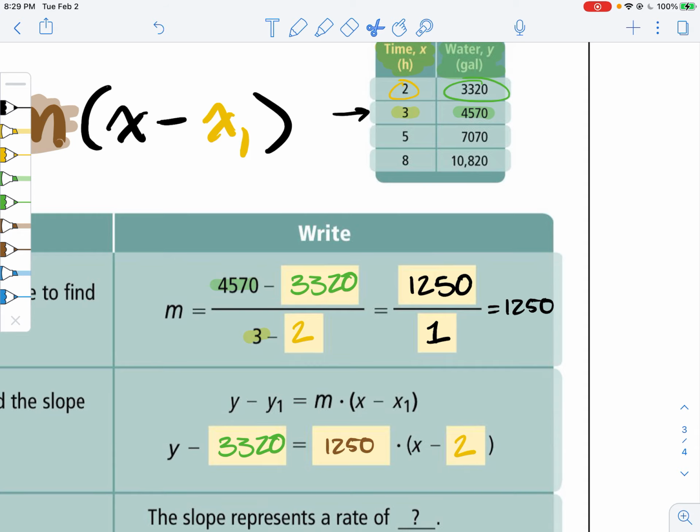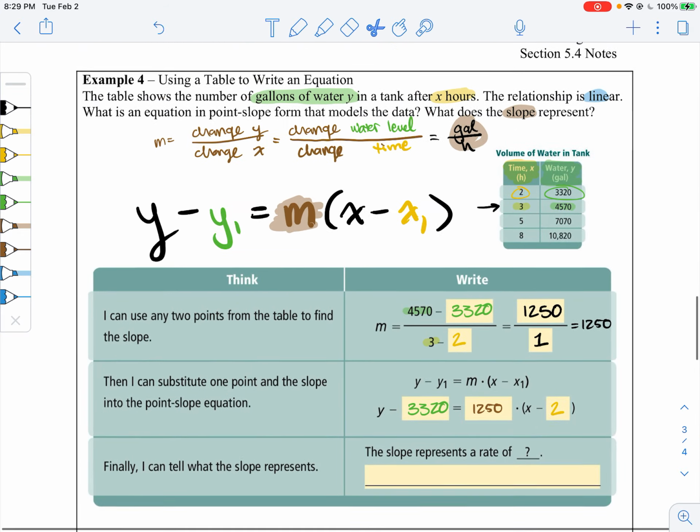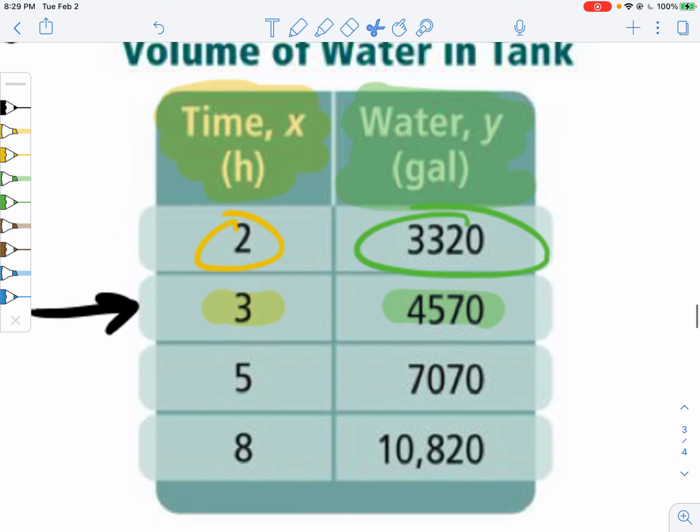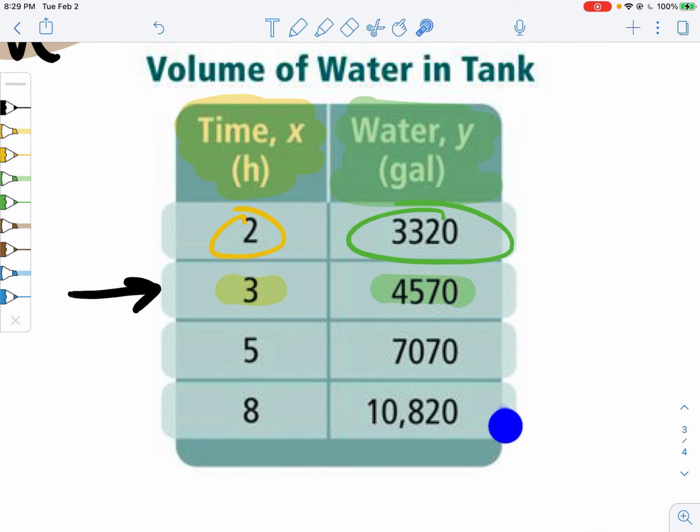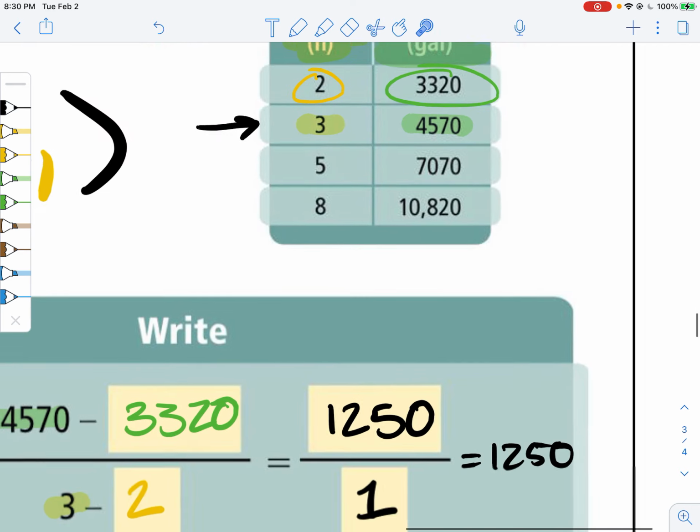Aha! Okay. So what does our slope represent a rate of? Well, it represents what's happening. Here we've got gallons going up. Time is going up. So we are filling a tank.